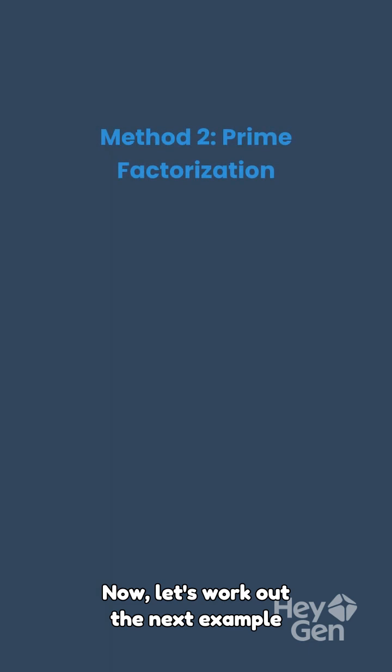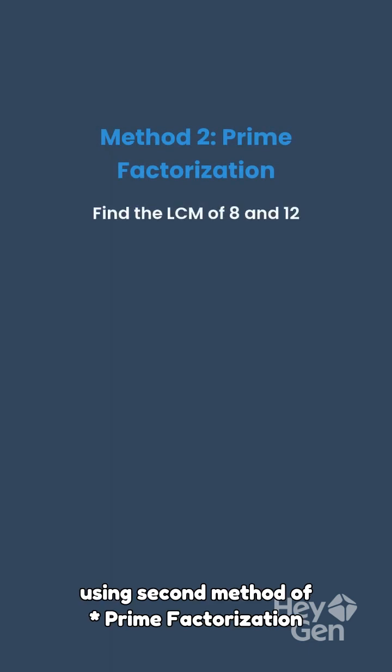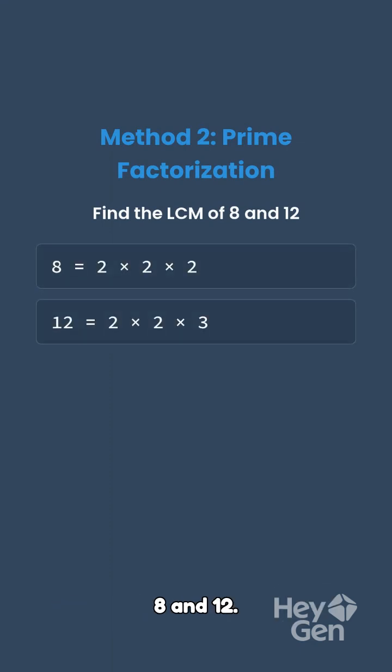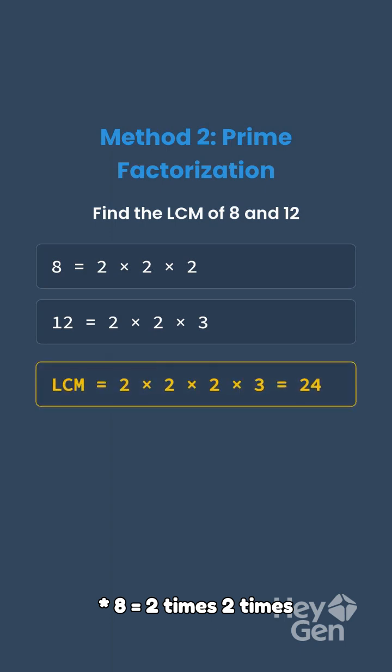Now, let's work out the next example using the second method of prime factorization. Example 2. Find the LCM of 8 and 12. 8 is equal to 2 times 2 times 2. 12 is equal to 2 times 2 times 3. LCM equals 2 times 2 times 2 times 3, which is equal to 24.